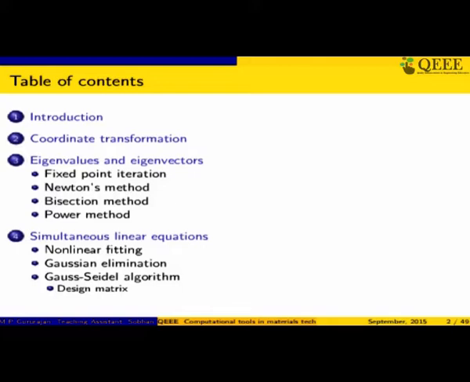And we will discuss methods like Gaussian elimination or Gauss-Seidel algorithm, iterative algorithm for solving simultaneous linear equations. Okay. And we will also discuss what is known as a design matrix. Again, that is related to fitting. When you have to fit to some functional form which is not a polynomial form, then this kind of design matrix becomes very useful. So today we are going to discuss all this over the next couple of hours.